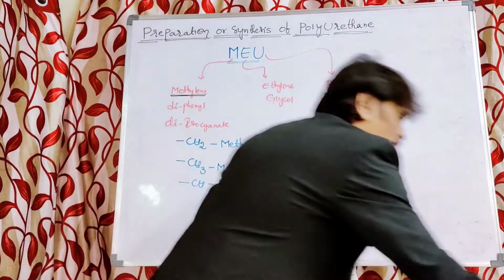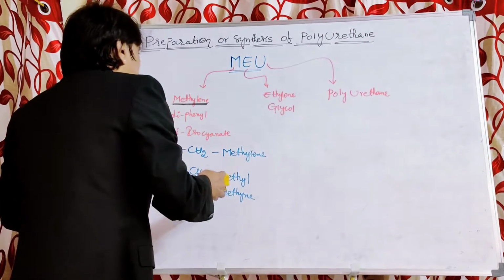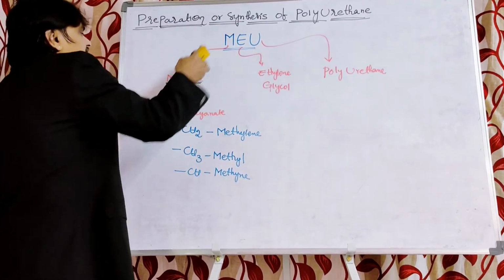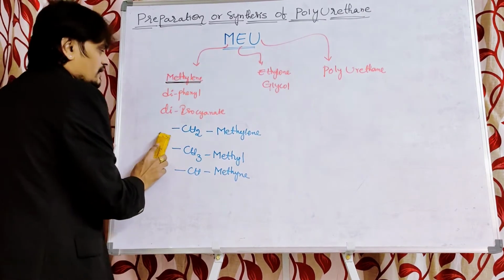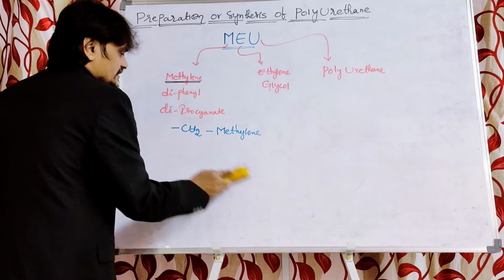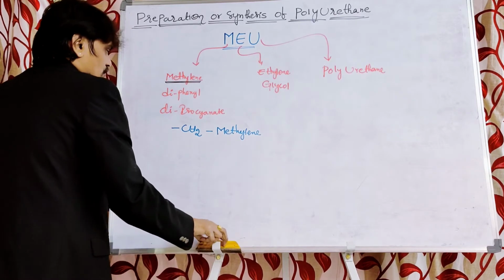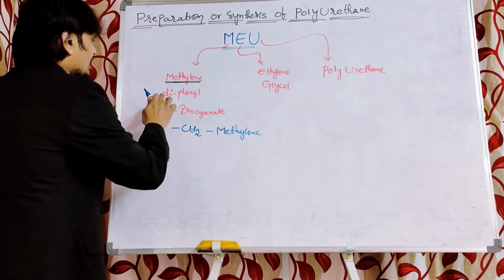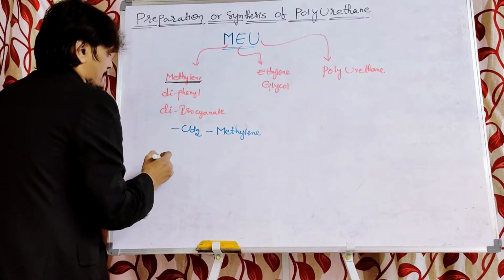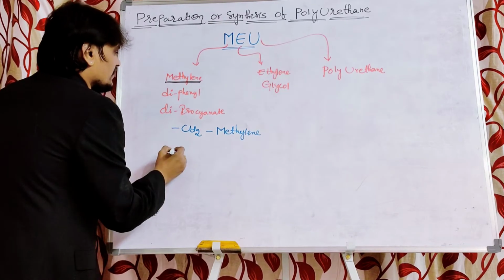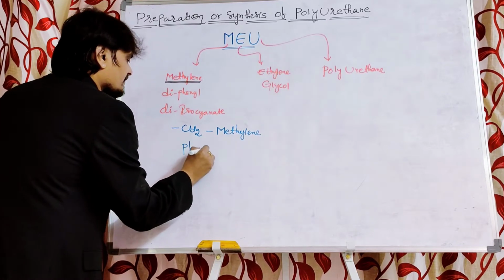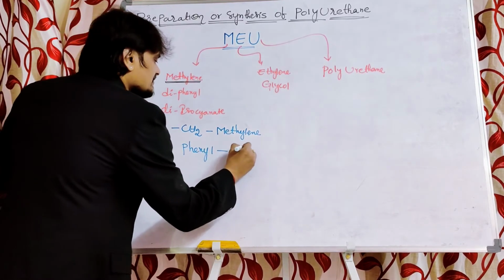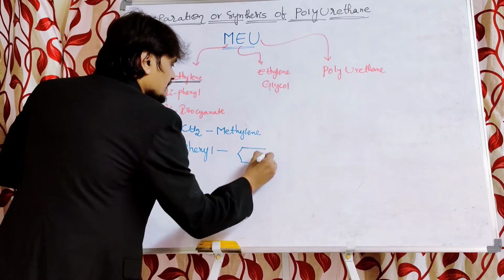Now, one of the moieties present in this monomeric unit is methylene, so CH2. And the second one is diphenyl. Phenyl means what, students? Phenyl means this benzene moiety.